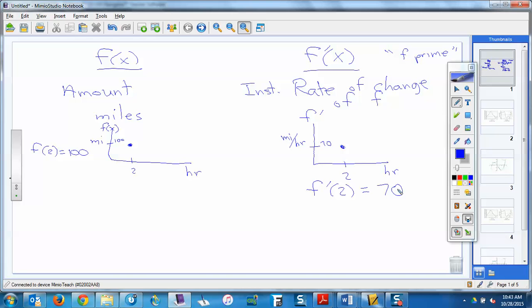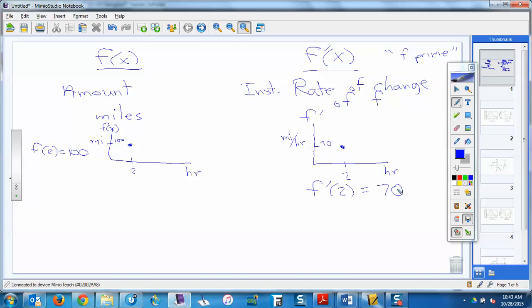Now, the slowing down thing is interesting. We wouldn't know anything about that. All we would know is at 2, we would know where we were and how fast we were going. What would determine if we were slowing down or speeding up? That would be the rate of change of F prime, right? A minute ago I said that every function could be considered an amount, and its derivative would be the rate of change of that amount.